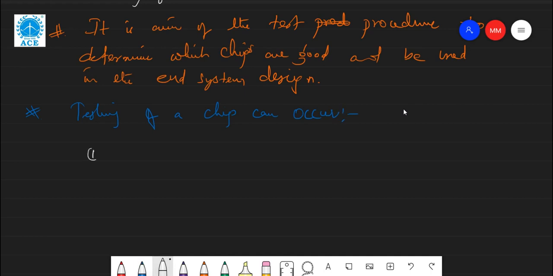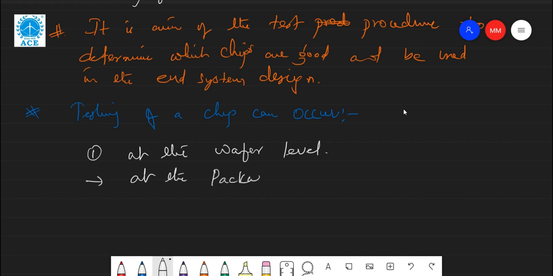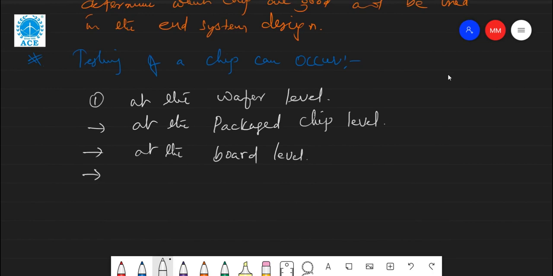Let us see the first one: at the wafer level, then at the packaged chip level while packaging, next at the board level while fabrication, and at the chip design level, and while connecting in the field, there we also have testability.